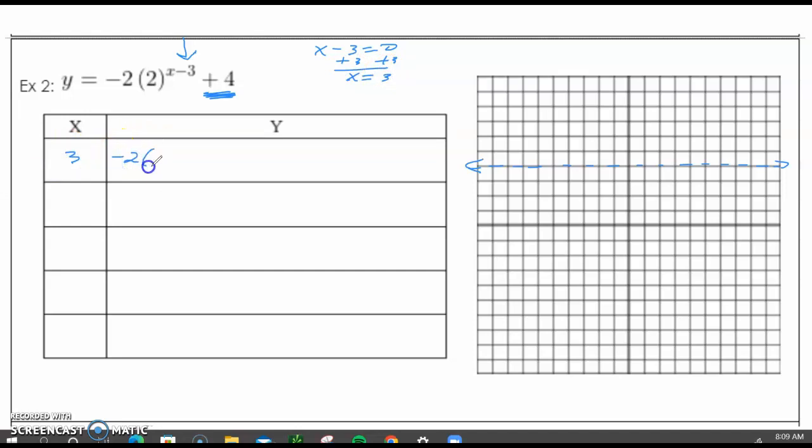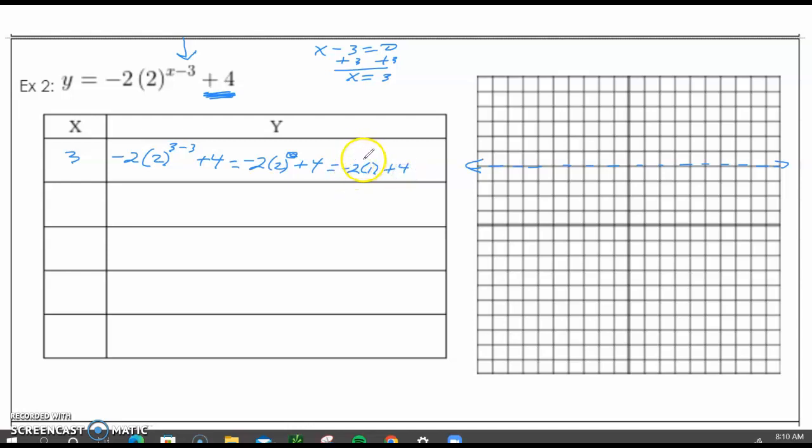Negative 2 times 2 to the 3 minus 3 power plus 4. Negative 2 times 2 to the 0 plus 4. 2 to the 0 is 1, so this is negative 2 times 1 plus 4.